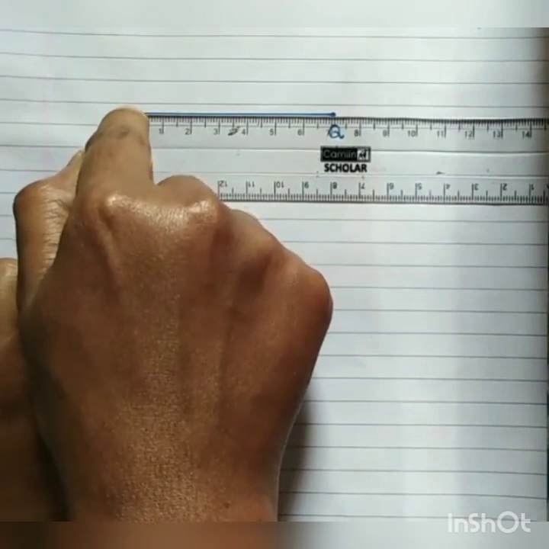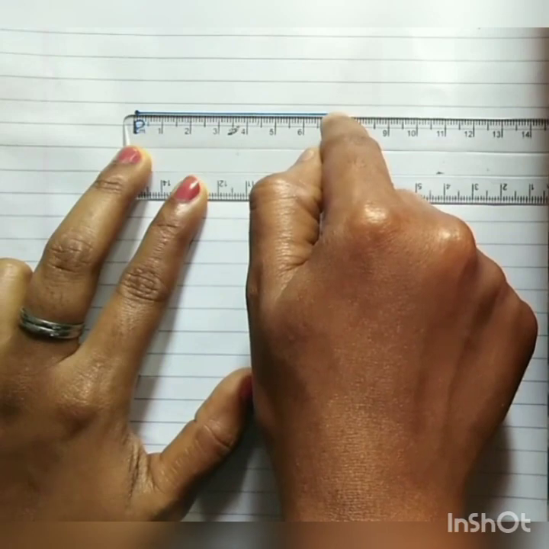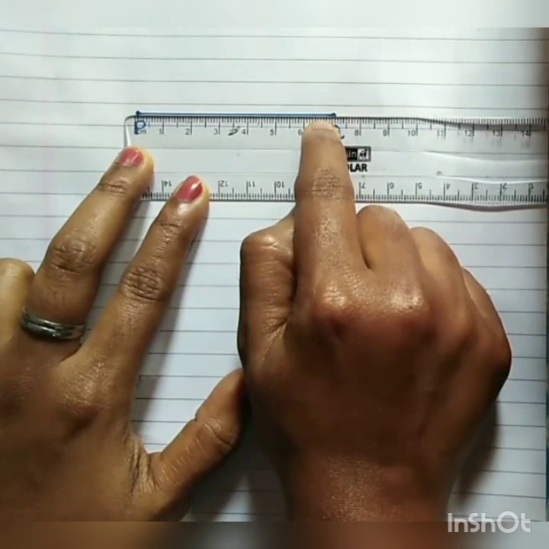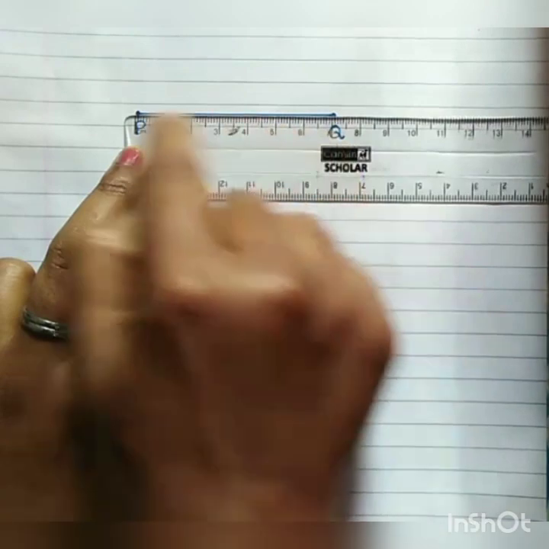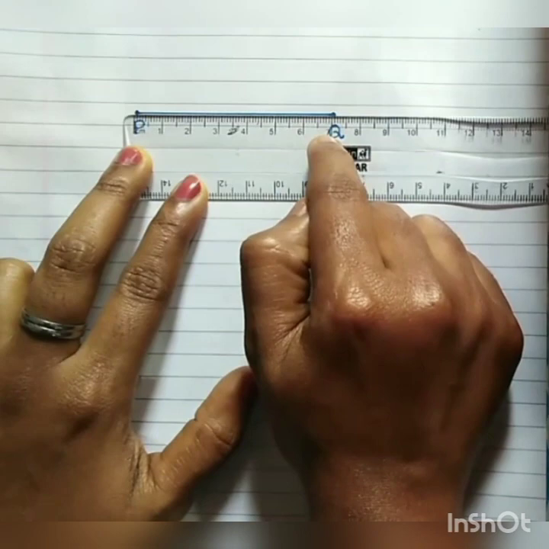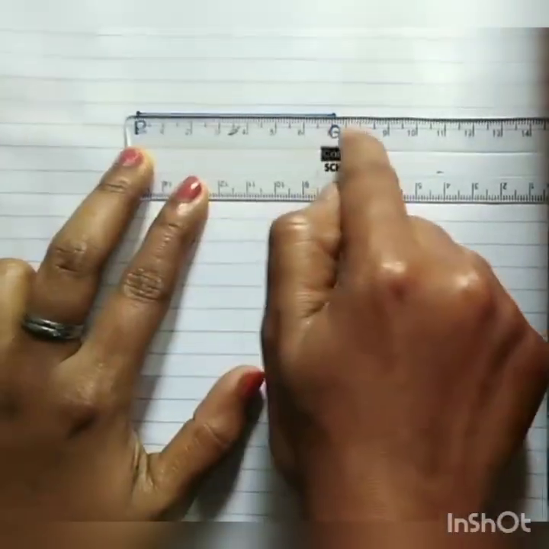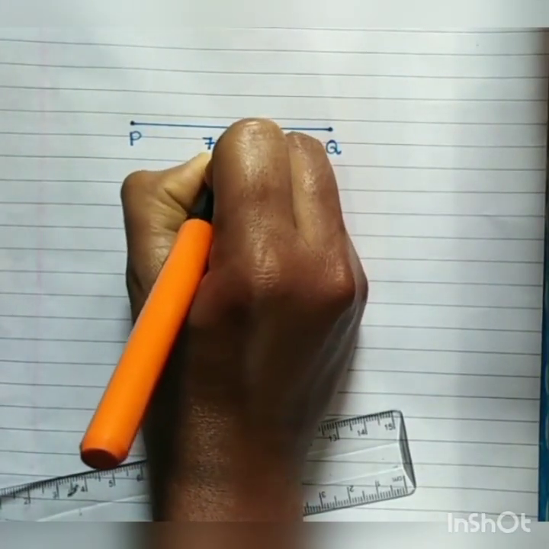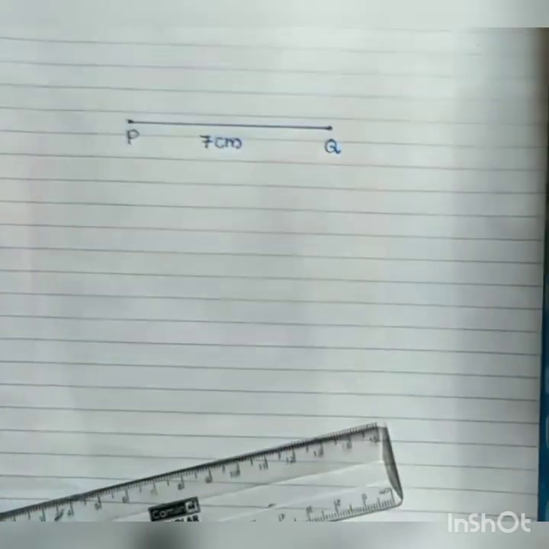The second end point of the line segment lies in 7. Is it clear? Starting from 0, the second end point lies in the number 7. So, the length of the line segment is 7 centimeter. The length of the line segment PQ is 7 centimeter.